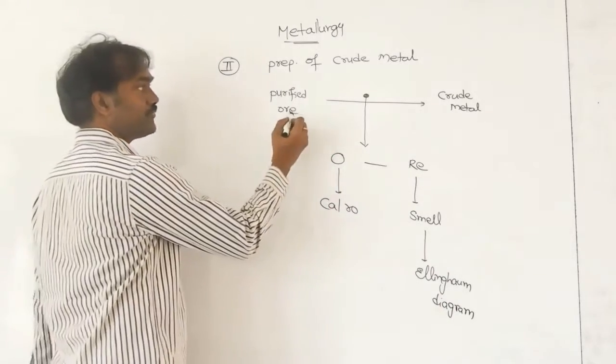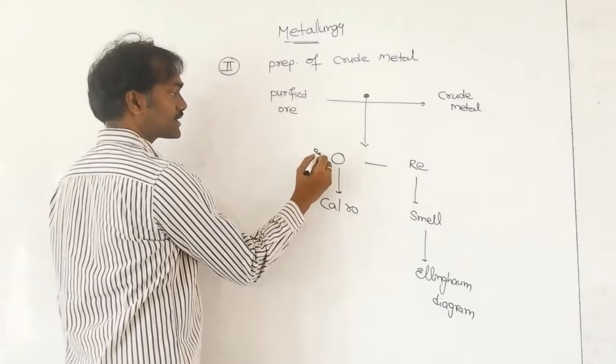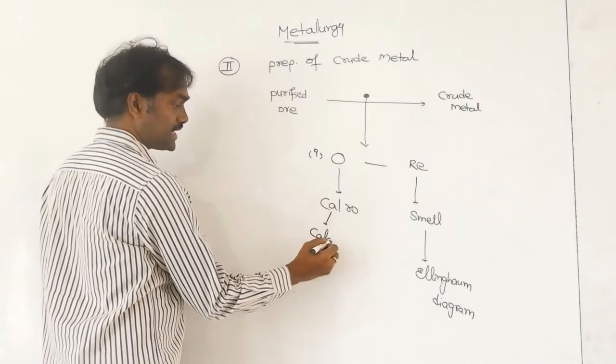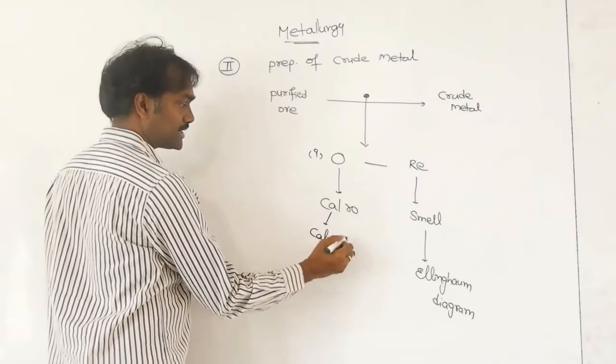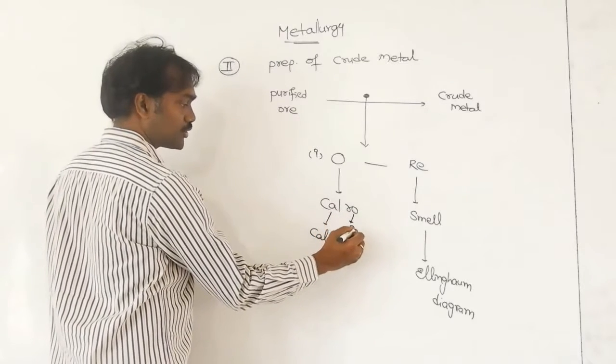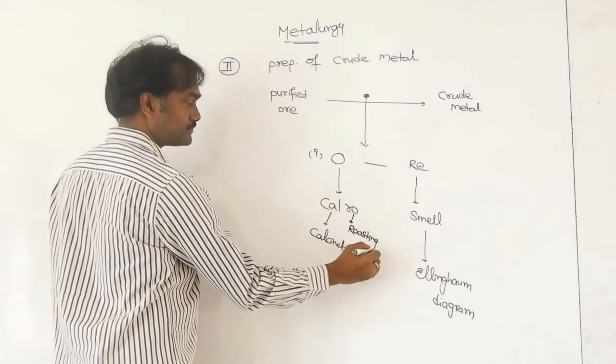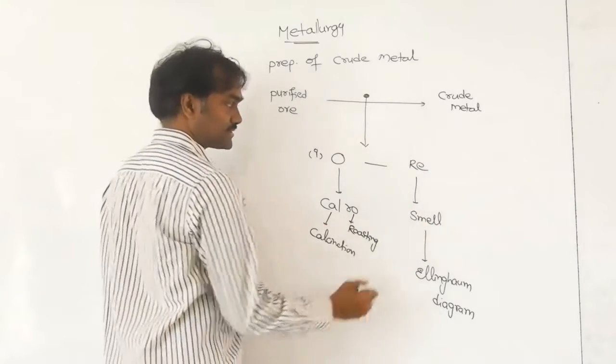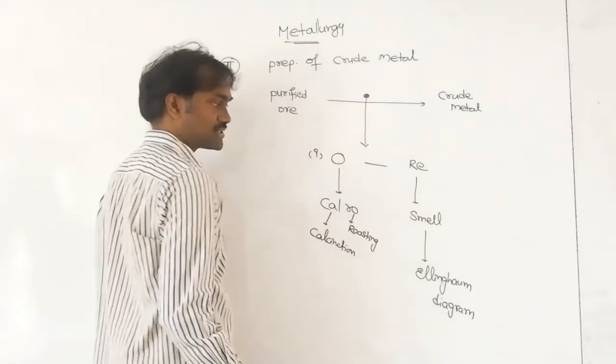Here the purified ore is first treated with oxidation. In oxidation we have the calcination process, next the roasting process, and after that the smelting process. Smelting is nothing but a reaction.